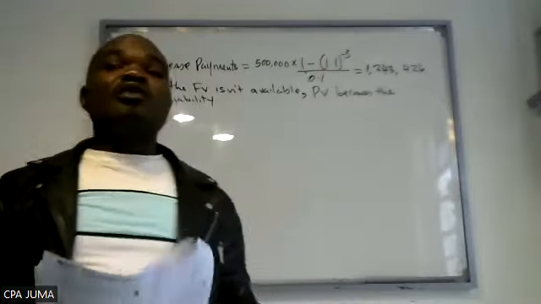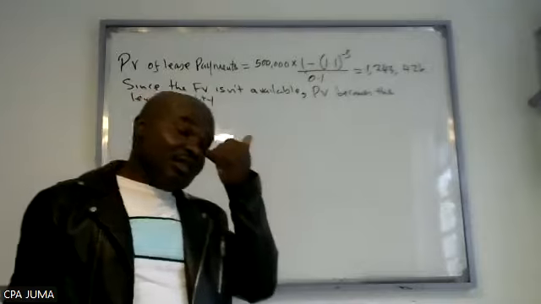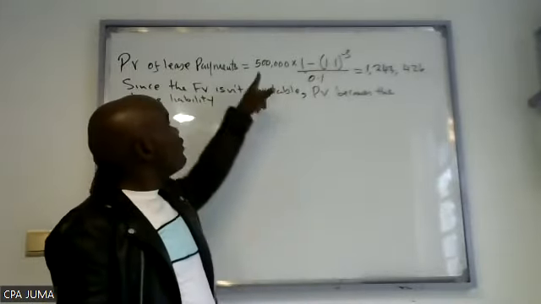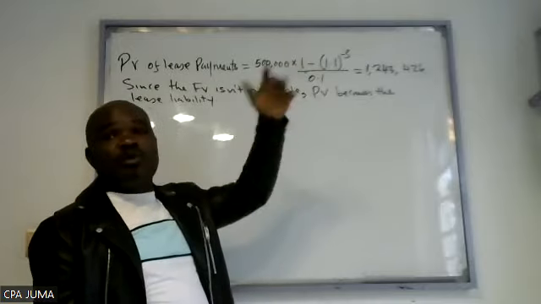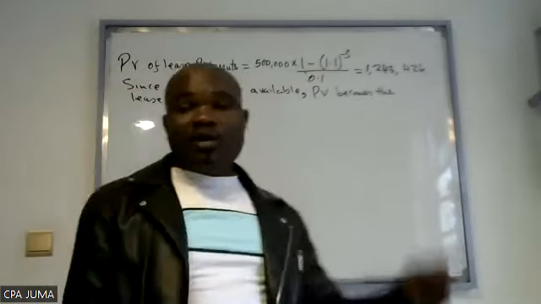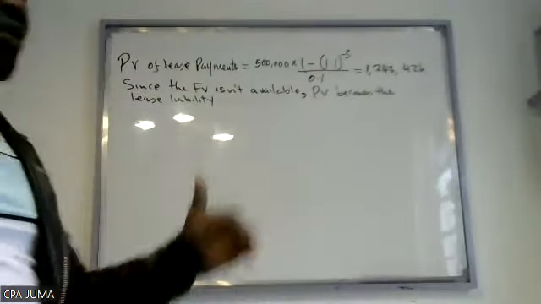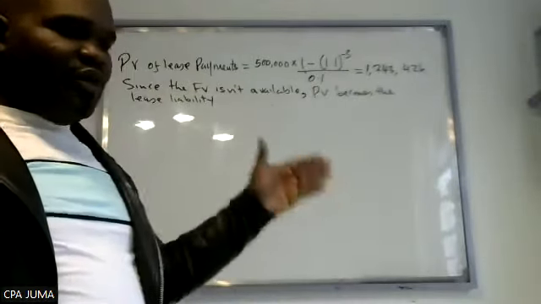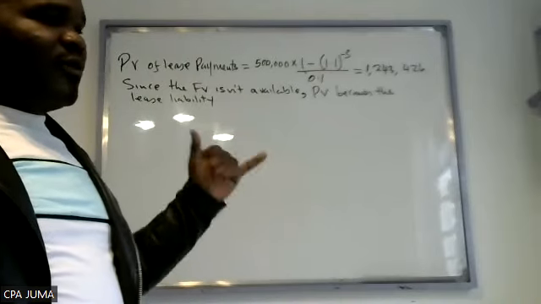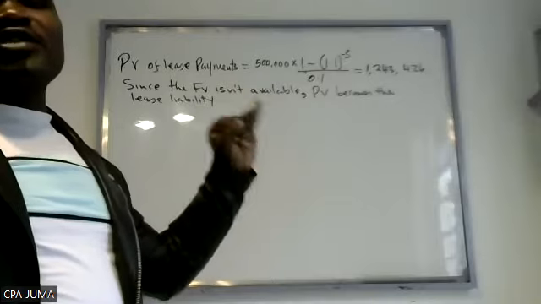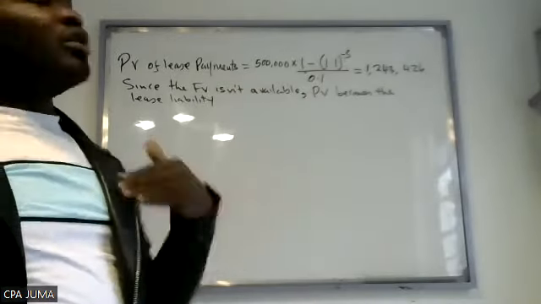Another student who has not come to class might think it is easy to just say 500 times 3 years, 1.5. Who does that? You have to discount to present value. So my point is, if not provided with the fair value, then you discount the installments over the lease period.